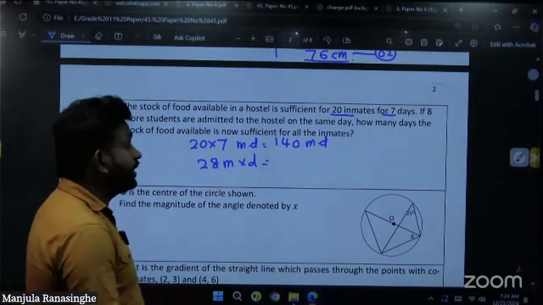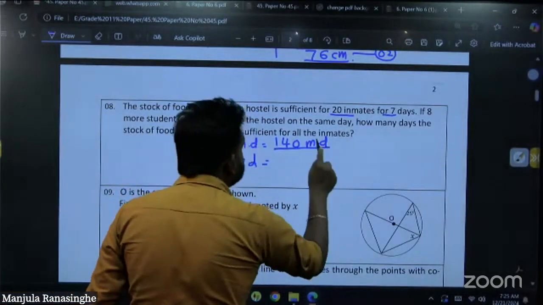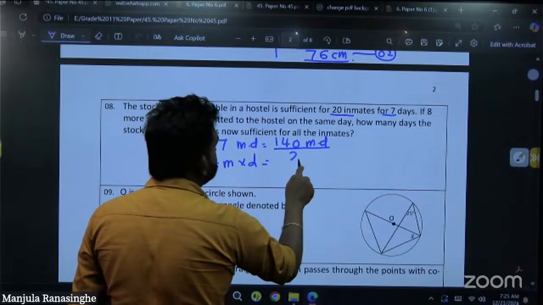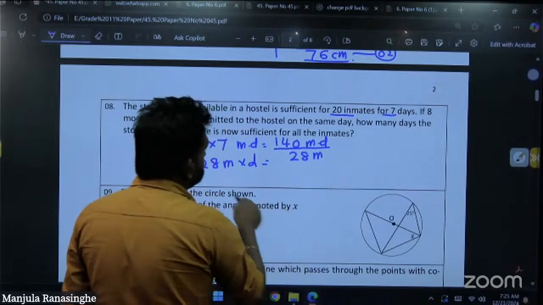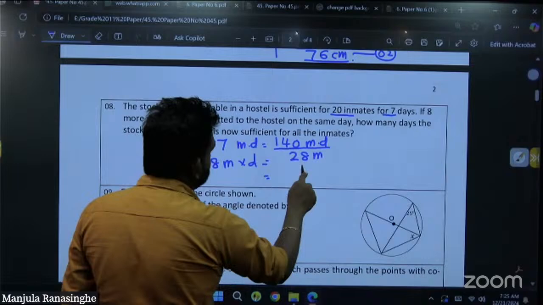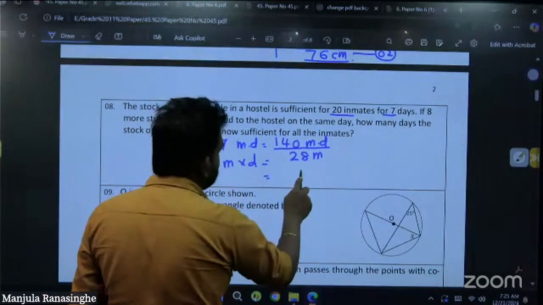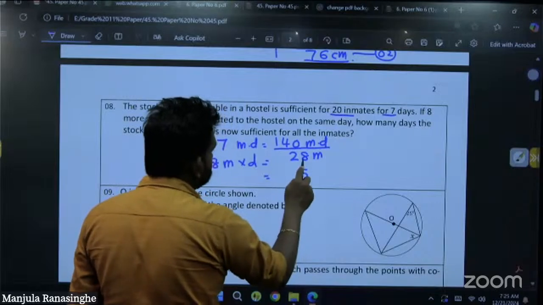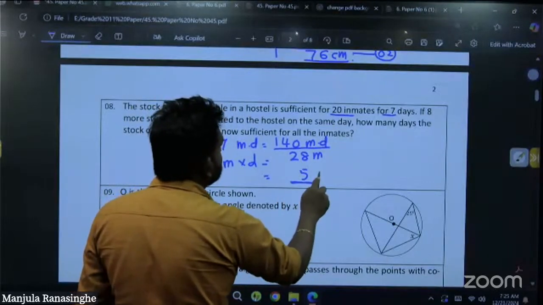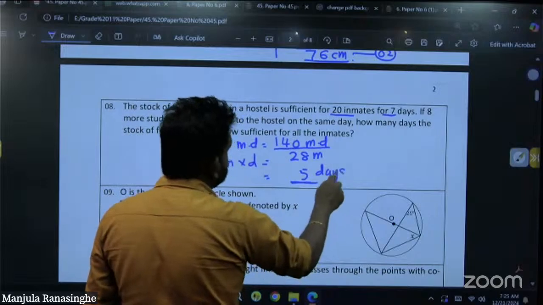How many days are required? Just this 140 divided by 28 mates. That is exactly 5. Yes, 5 days required. 5 days is sufficient.